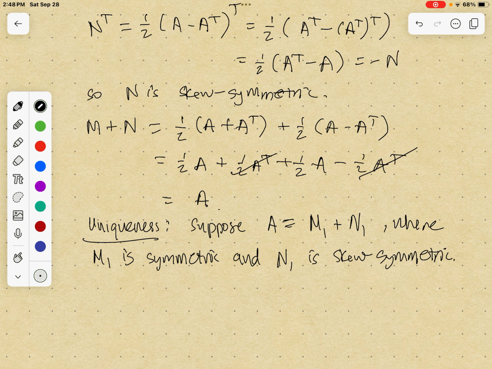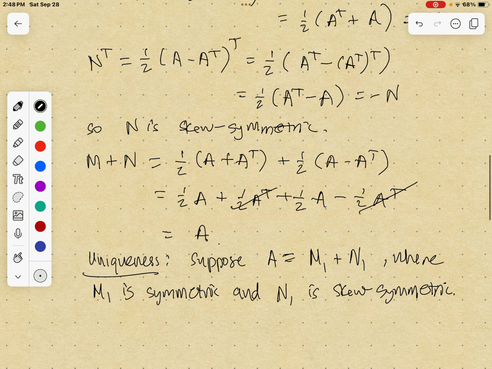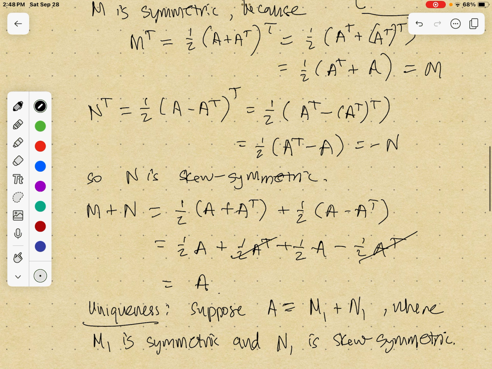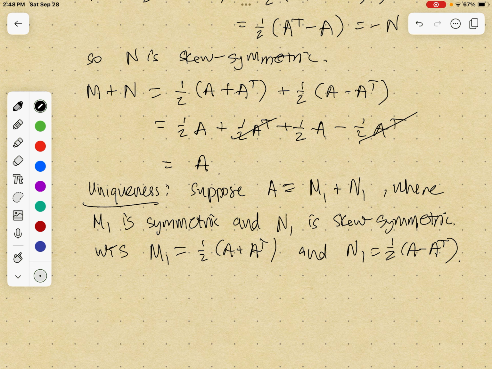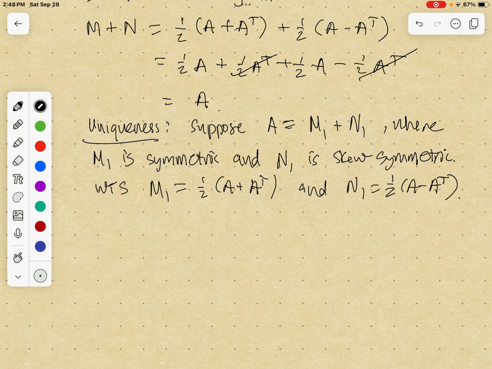So we suppose that we have a decomposition of A as a sum of a symmetric and a skew-symmetric matrix. To show uniqueness, we want to show that M1 has to be 1/2 of A plus A transpose, and N1 has to be equal to 1/2 of A minus A transpose. And if we show that, then there's only one way to decompose A into a sum of a symmetric and skew-symmetric matrix.